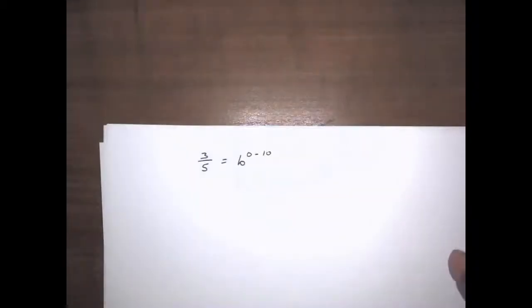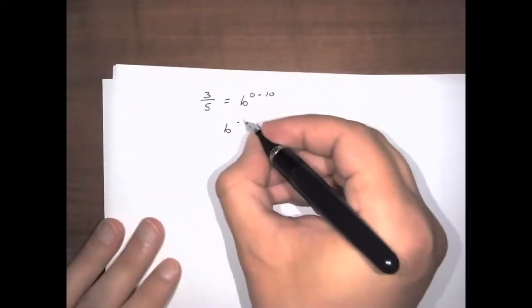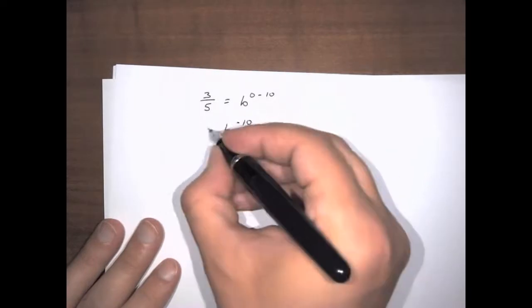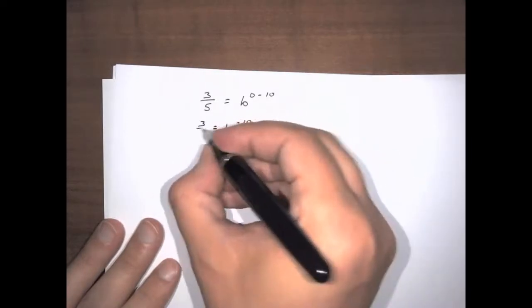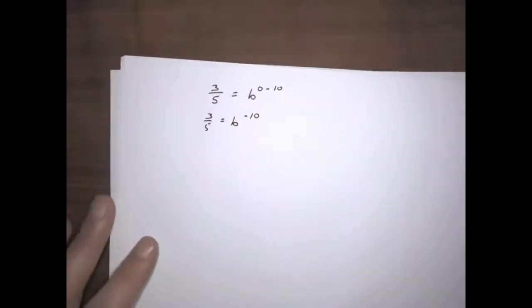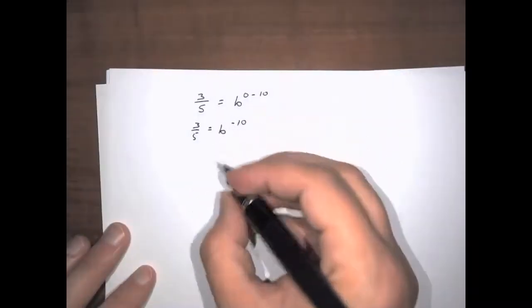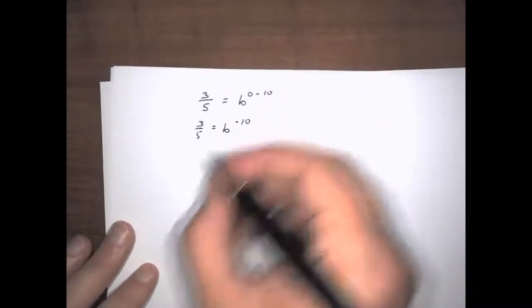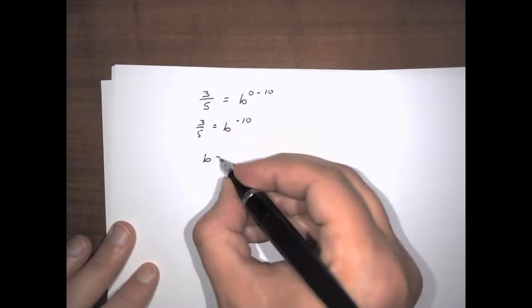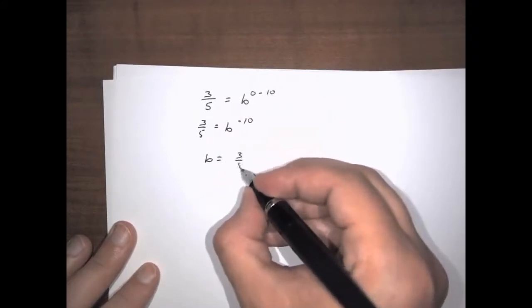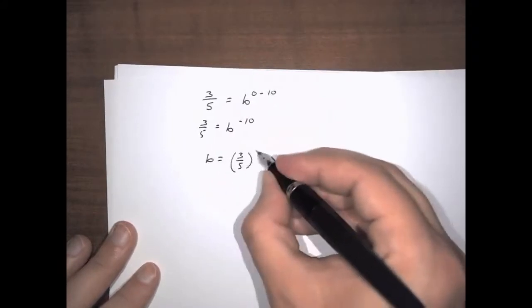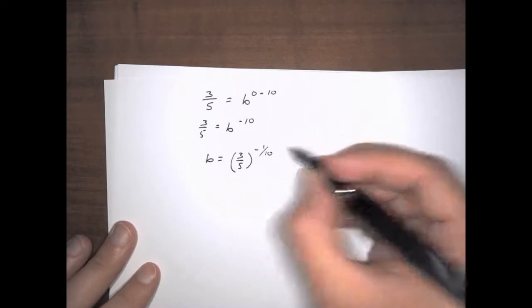So then b to the negative 10 is equal to 3/5. So I raise both sides to the negative 1/10 to isolate the b. So b equals 3/5 to the negative 1/10.